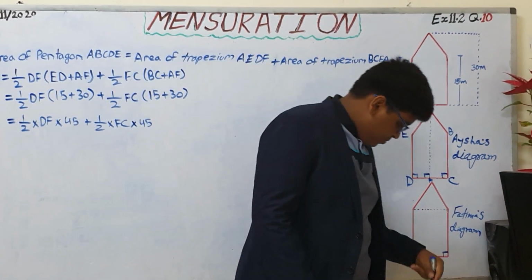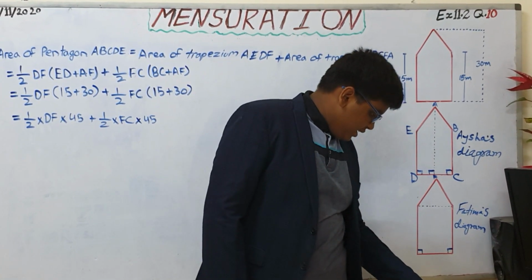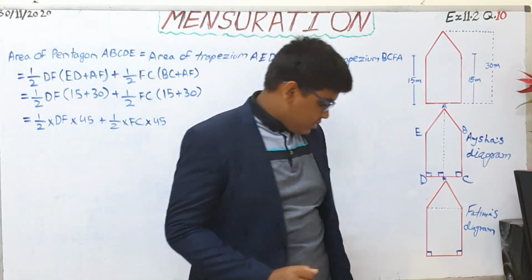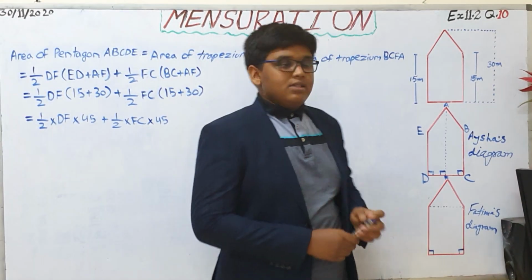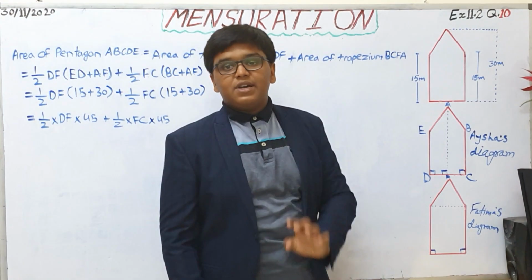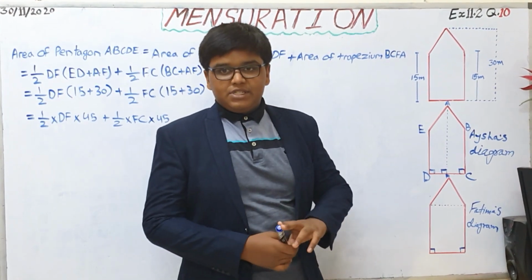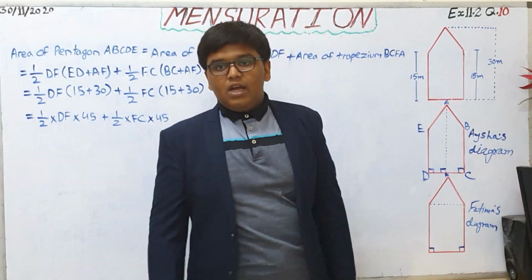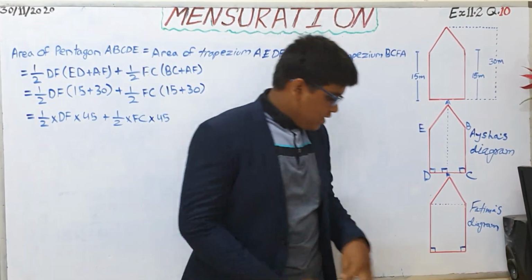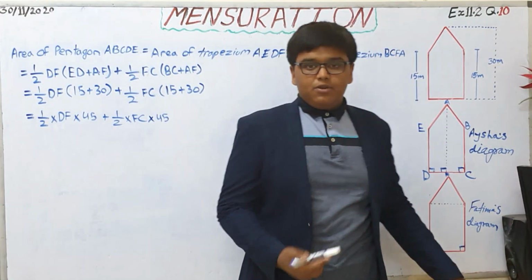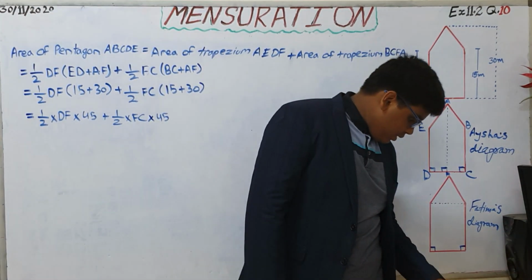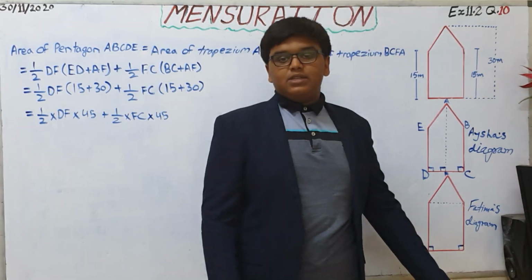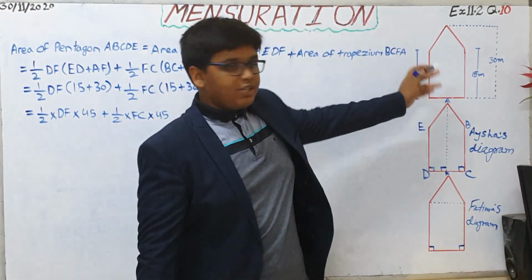Now what they are saying in the question is, there is a pentagonal shaped park. Now what is a pentagon? This shape has 5 sides and vertices, like 1, 2, 3, 4, 5. So 5 vertices or 5 sides. They are saying pentagonal shaped park as shown in the figure.